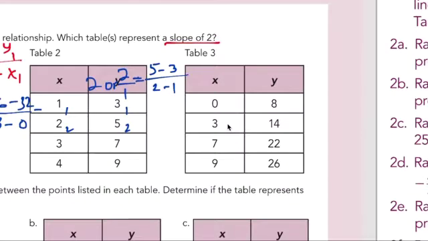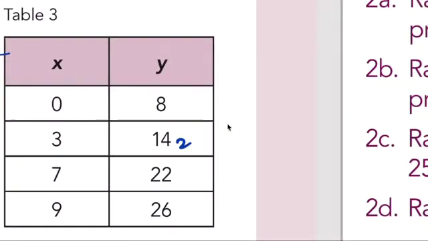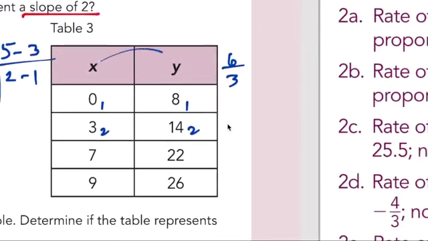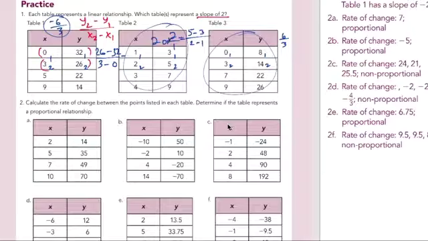So this one has a slope of 2. Let's check this one now. Y sub 2 minus y sub 1 over x sub 2 minus x sub 1. So it's always change in y over change in x. That's 6 over 3, which is also 2. So both of these, table 2 and 3.